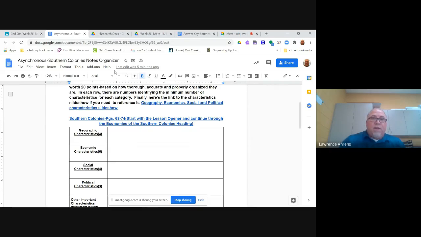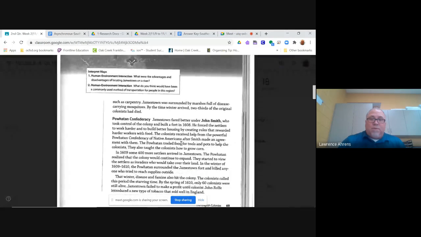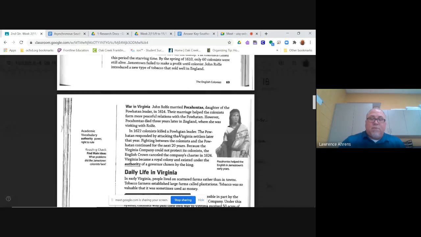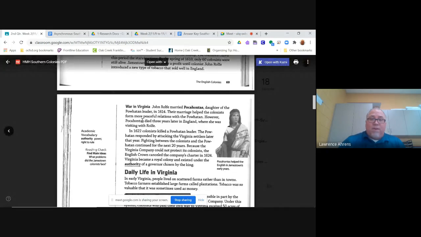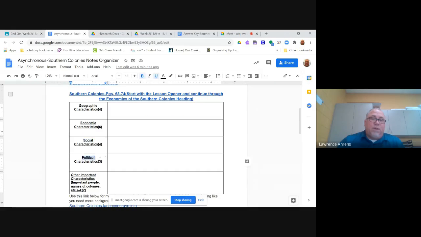So we're going to do 68, this small segment in 69, and then this small chunk at the top of page 70 as well. We're going to take it down through here until we get to daily life in Virginia. That's the plan for today. Now, the things we're looking for are geographic characteristics, economic characteristics, social, and political.